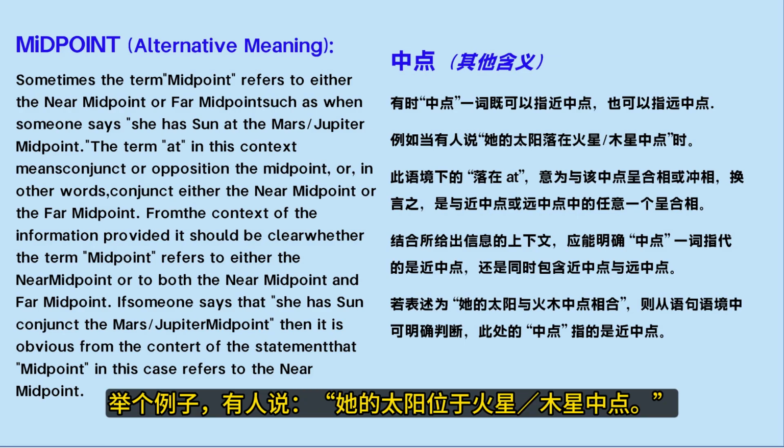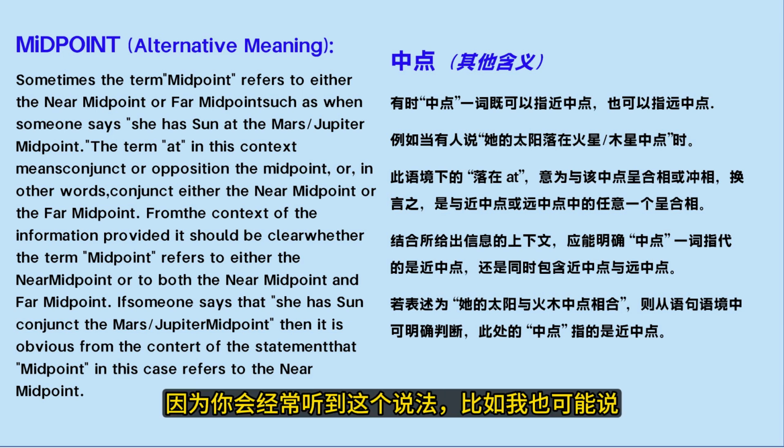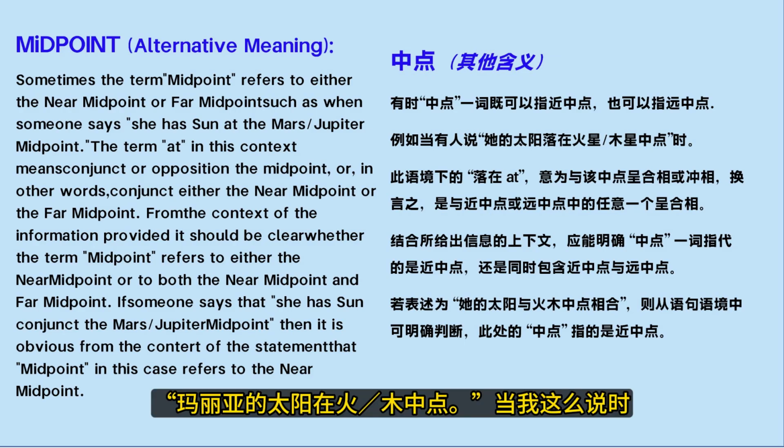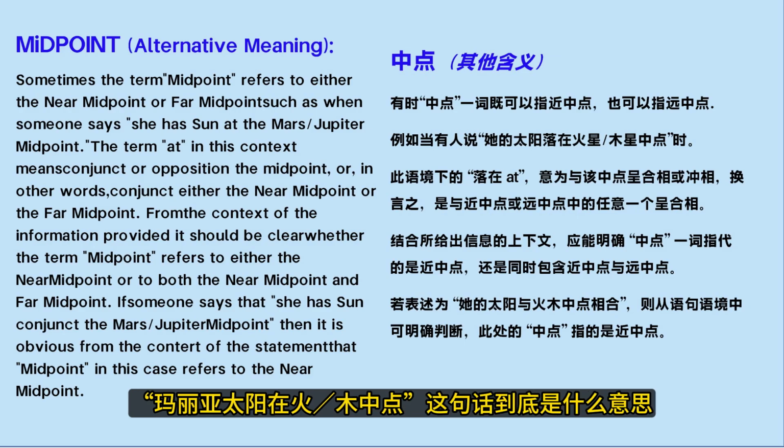So here's an example. Someone says she has sun at the Mars-Jupiter midpoint. Okay, let's think about this, because you'll hear this a lot. I may say, Maria has sun at the Mars-Jupiter midpoint. What do I mean exactly when I say that?